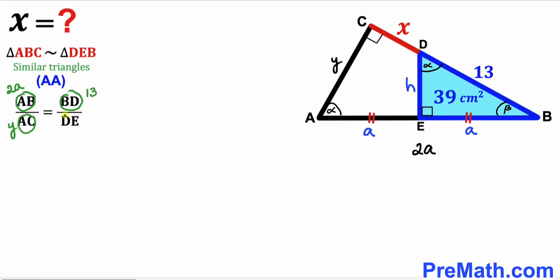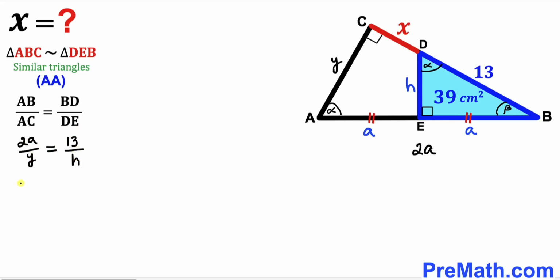And finally, our DE length is this perpendicular lowercase h, so I'm going to substitute this one with the lowercase h. So therefore, this whole thing could be written as 2 times A divided by Y equals 13 divided by H. And now we are going to cross multiply.